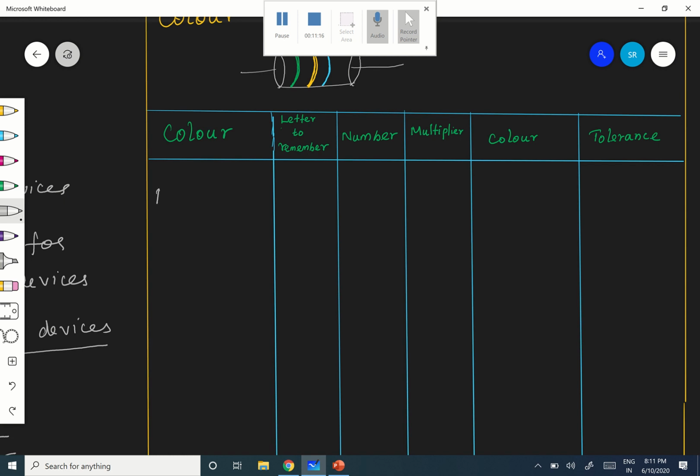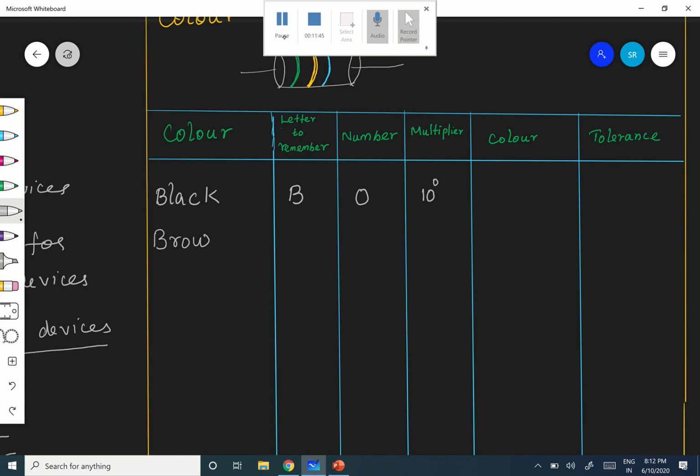The symbol letter to remember is B, and the number allotted to black is 0. The multiplier is 10 power 0. Next to black is brown.